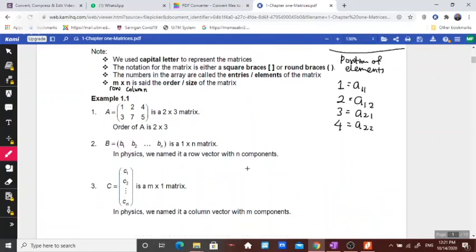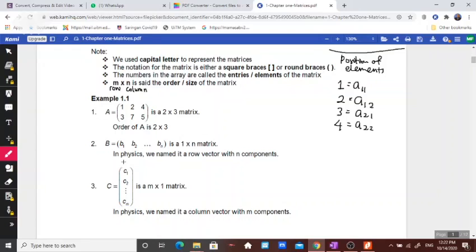Now we look at the example here. This is matrix A with elements 1, 2, 4, 3, 7, 5. So this is a 2 by 3 matrix. The size or the order of A is 2 by 3, since we have 2 rows and 3 columns.